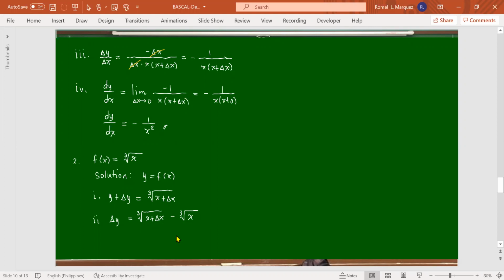In order for us to get rid of the terms in the numerator that do not contain delta x, we have to rationalize this, no?